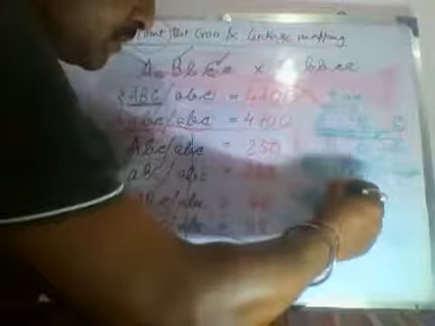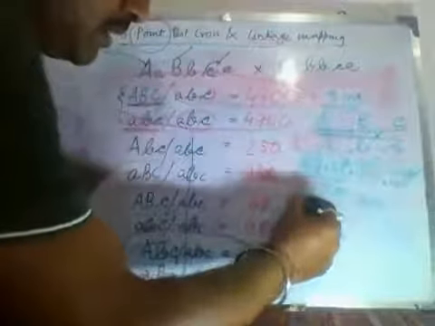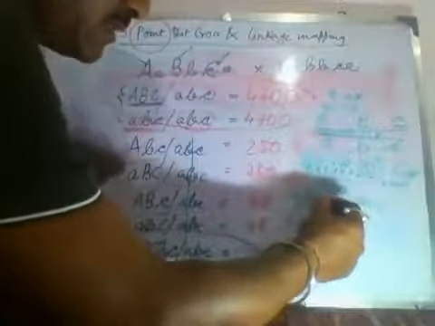In a similar manner, the recombination frequency is 48 plus 48 plus 2 plus 2 divided by 10,000, total number, into 100%. So 48 plus 48, 96 plus 4, 100, into 100 by 10,000 means 1%. So the distance between B and C is 1 centimorgan.